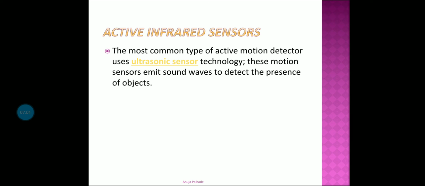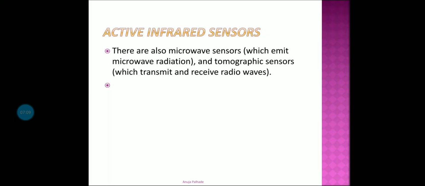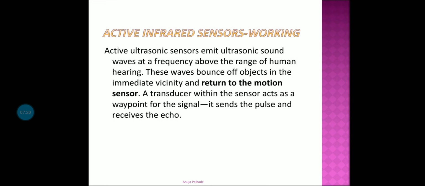The most common type of motion detector is ultrasonic sensor technology. This motion sensor emits sound waves to detect the presence of an object. There are also microwave sensors which emit microwave radiation, and tomographic sensors which transmit and receive radio waves.